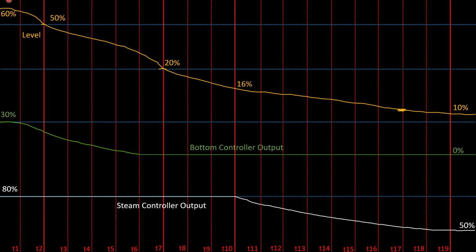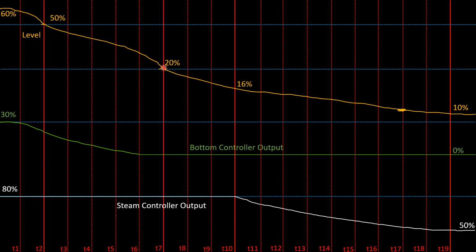Suppose that the level goes below its set point of 50. This would cause the bottom controller output to start decreasing, going farther and farther as the level keeps on decreasing. The bottom controller output will eventually go to 0%.